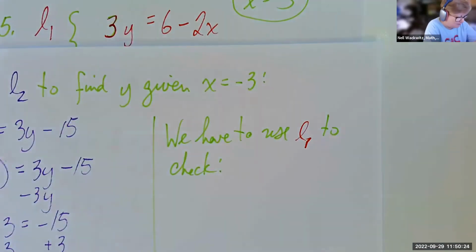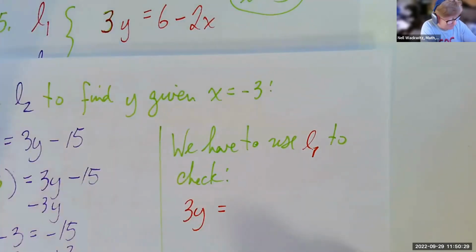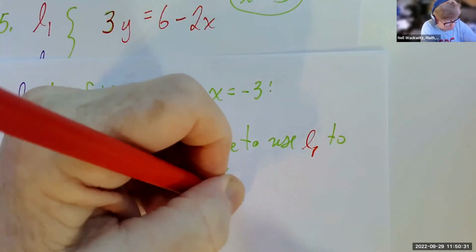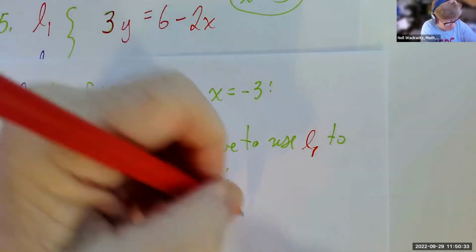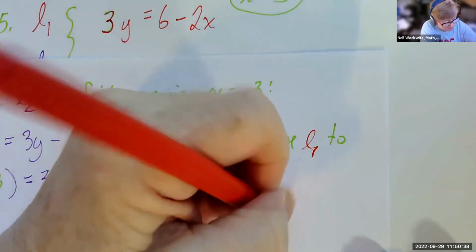So let's see, line 1 started out being, well, just write the whole thing. So 3y equals 6 minus 2x.